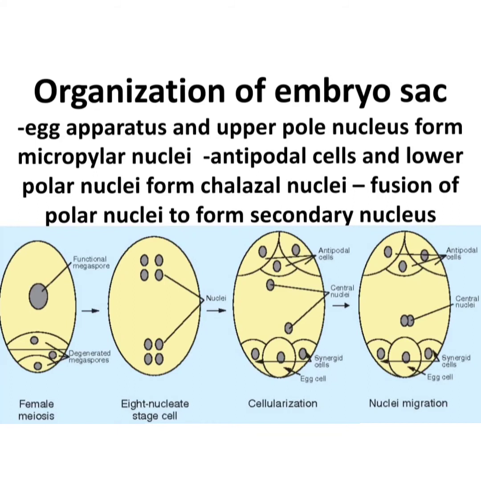At the micropylar end, one cell forms the egg cell, and there are 2 synergid cells on either side, and 1 nucleus forms the polar nucleus. At the chalazal end, the 3 nuclei form the antipodal cells, and the polar nucleus is in the center and joins with the other polar nucleus.